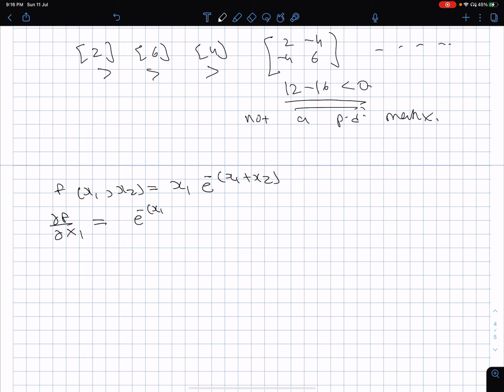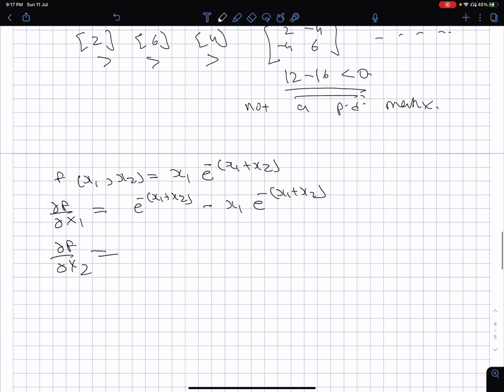So e to the power minus x1 plus x2 by chain rule plus minus of x1 into e to the power of minus of x1 plus x2. So this is going to be the first derivative of f with respect to x1, and the derivative with respect to x2 is just minus of x1 e to the power minus of x1 plus x2.